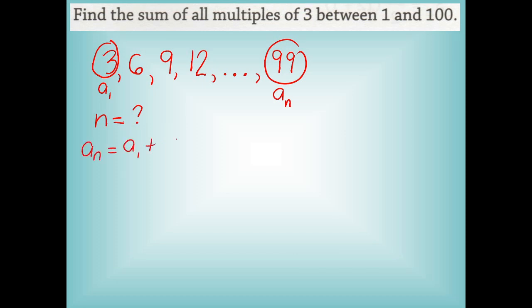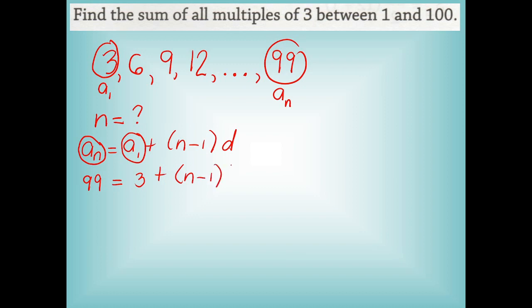Let me write it down. What is a sub n in our sequence? 99. The first term, that's 3. n is unknown, minus 1. The common difference is 3. Now, I will transpose, it becomes minus 3.